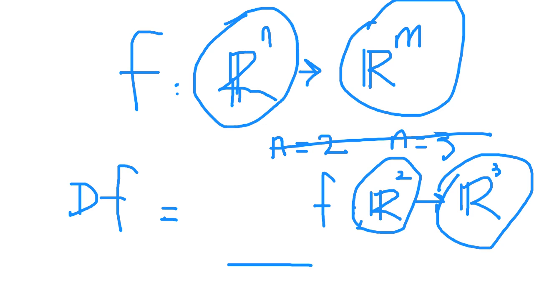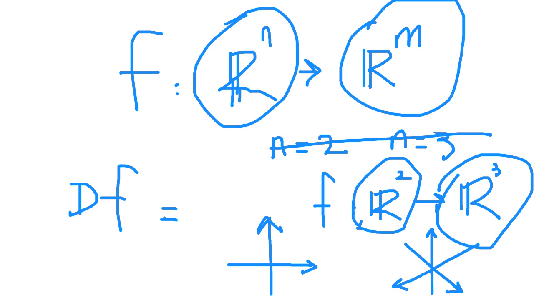So R2 is 2 space, right? You have 2 axes. So R3, what do you have? 3 spaces. R3, 3 spaces. How many axes? 3. You have 3 axes.